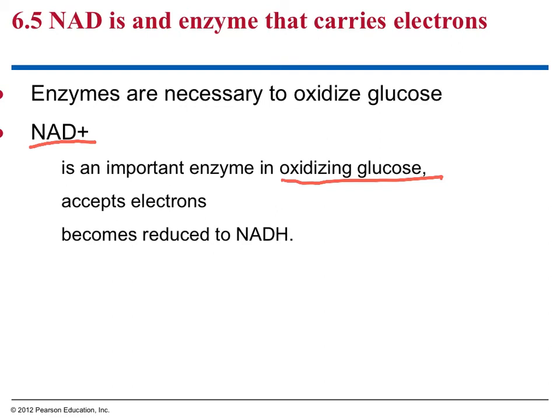So NAD plus is going to be able to carry the hydrogen, carry its electrons, so it accepts electrons, and NAD then becomes reduced. Remember, reduced means the accepting of hydrogen atoms.